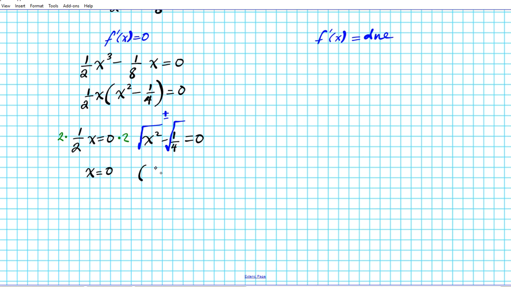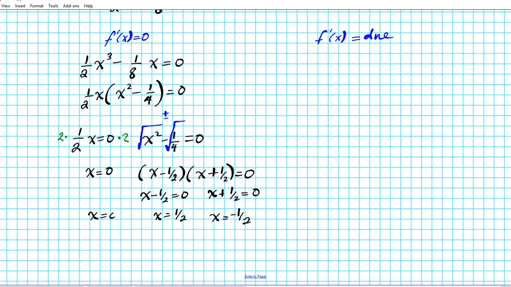So the factored state here is x minus 1/2 times x plus 1/2, because the square root of 1/4 is 1/2. Using the zero product property, we have x minus 1/2 equals 0 and x plus 1/2 equals 0. And then when you get x isolated, x equals positive 1 over 2 and x equals negative 1 over 2.